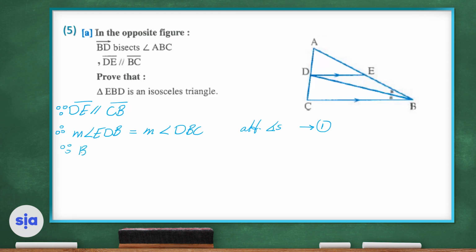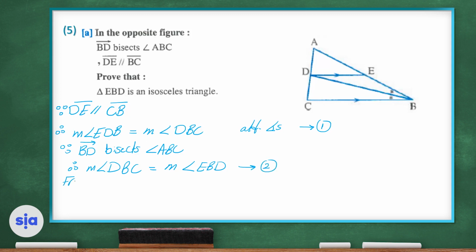Since it's given that BD bisects angle ABC, therefore the measure of angle DBC is equal to the measure of angle EBD, and we call this inequality number 2.